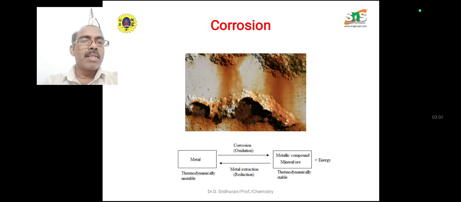The forward reaction is oxidation, otherwise known as corrosion. The backward reaction is reduction, otherwise known as metal extraction, where the metal is extracted from the ores.